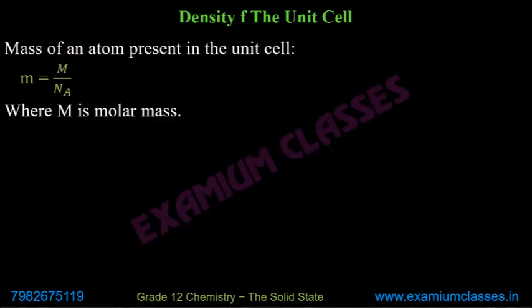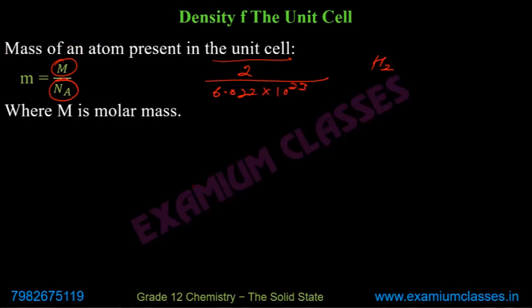Then the mass of an atom present in the unit cell is given by its molar mass divided by Na. Why? Because if I write the molar mass, say I am talking about hydrogen, it will be 2 for H2. And in 2 grams, how many molecules will be there? 6.022 into 10 to the power 23.